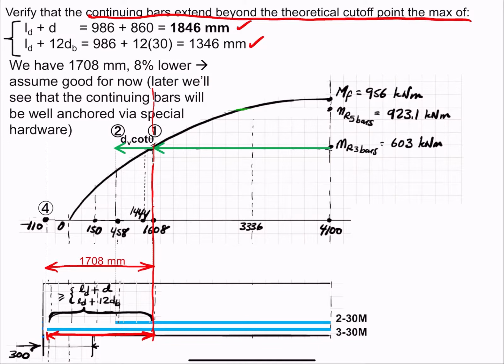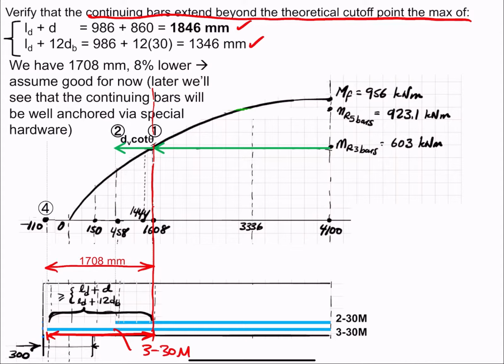But we are going to continue because later we'll see that those continuing bars, the 330s here, will be specially anchored, so we don't have to worry about that requirement. But yeah, they don't pass. There is not enough length to continue for those continuing bars. But you will see in a minute that we'll anchor them especially, and those bars will be fine.